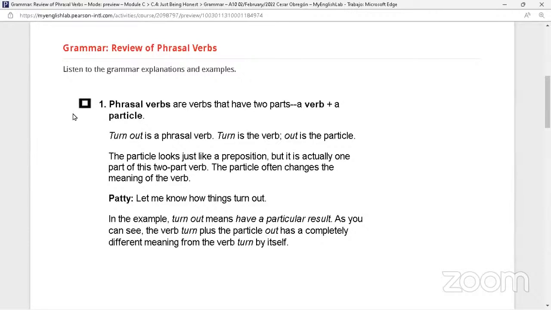Phrasal verbs are verbs that have 2 parts, a verb plus a particle. Turn out is a phrasal verb. Turn is the verb. Out is the particle. The particle looks just like a preposition, but it is actually one part of this 2-part verb. The particle often changes the meaning of the verb. "Let me know how things turn out."